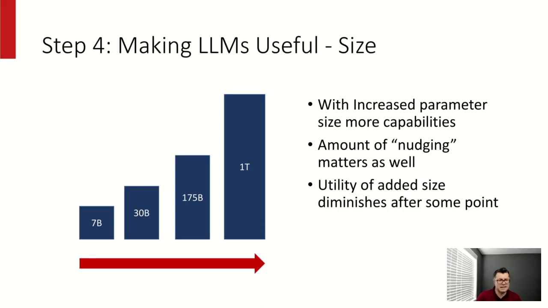And so that's one thing that matters, and the amount of nudging into the right direction also matters. Nudging meaning fine-tuning. But there's also the realization that the utility of this added size kind of diminishes at some point. So, like, making these models even bigger is not necessarily getting a return on investment.